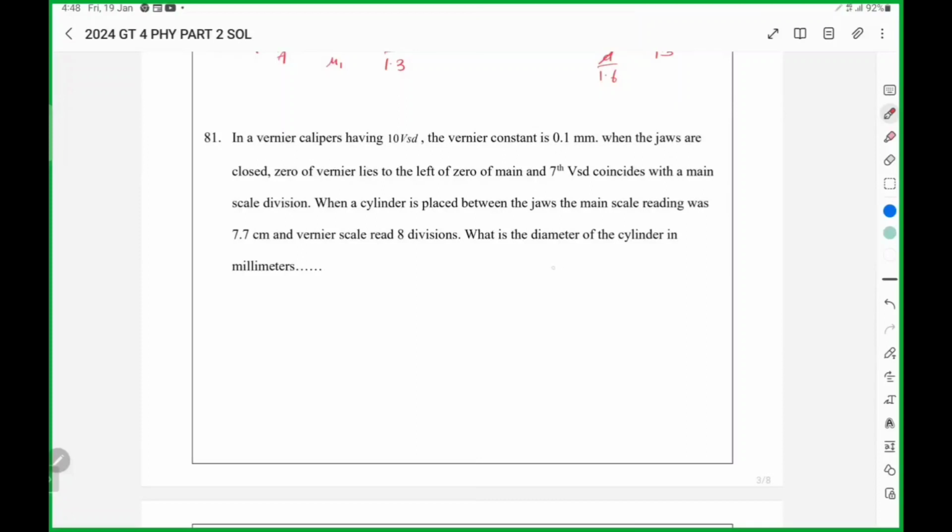Here, to measure the diameter of a cylinder, that cylinder is kept between the jaws. Here, the vernier calipers contain a main scale as well as a vernier scale.